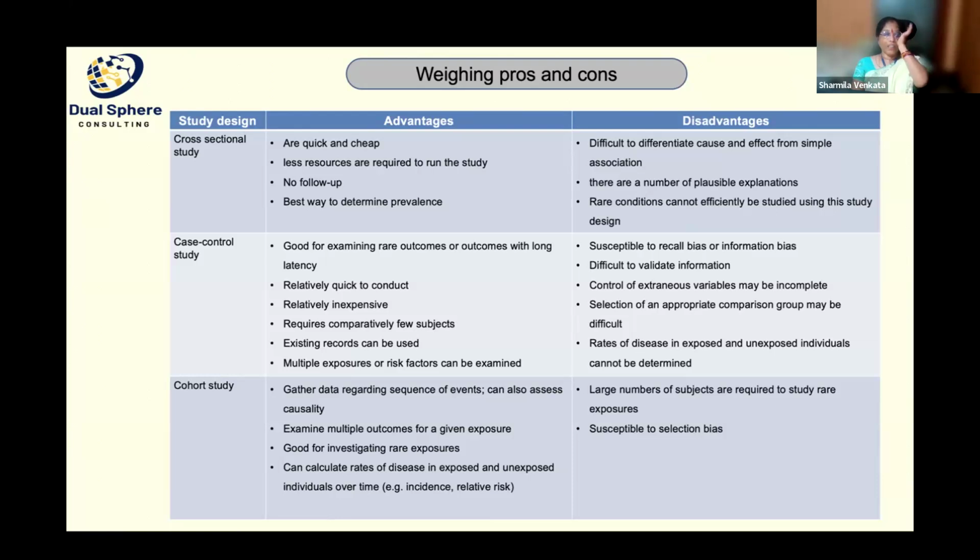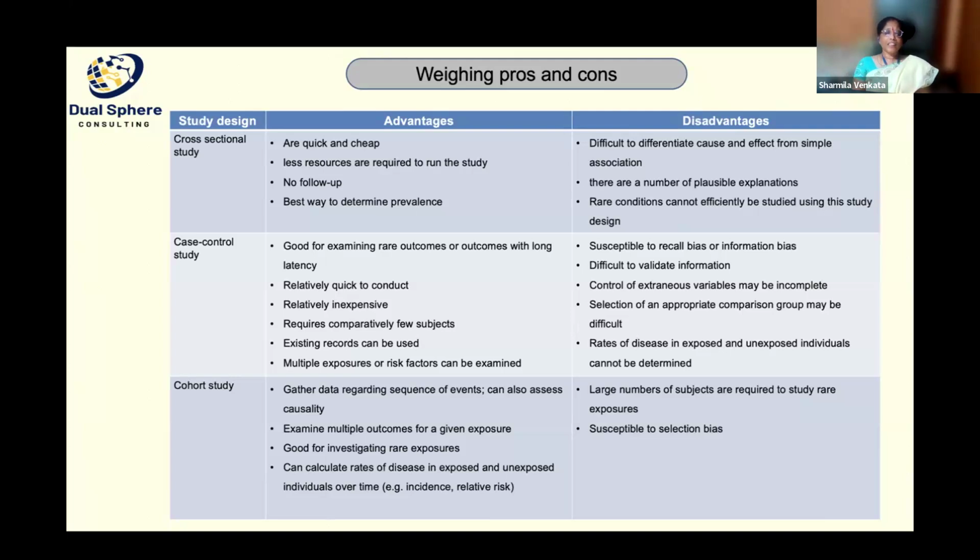You don't need to follow 10,000 people for decades. Instead, you can compare 200 patients with lung cancer to 200 controls. Existing records such as hospital databases can often be used. Multiple exposures can be explored for one disease. For example, lung cancer cases can be analyzed for smoking, occupational hazards, and air pollution simultaneously.